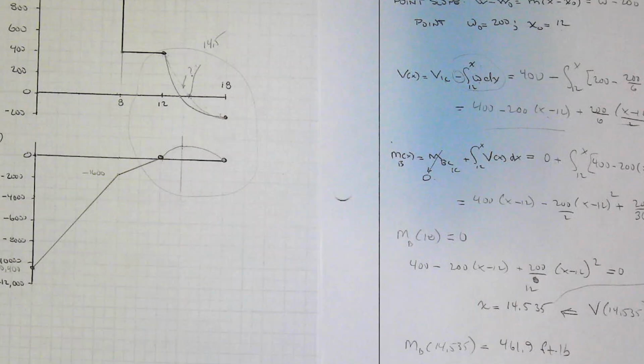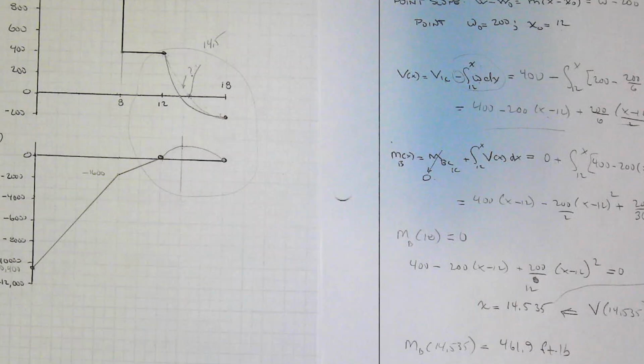Now we go 4 meters and nothing happens. So we maintain where we are. Boom. Then at the pin, 400 down translates to 400 up. So we're on to the other system. And what's going to happen? There's a lot of force here, no force there, the distributed load. So this is going to start with a strong slope, and then it's going to flatten out to zero slope.